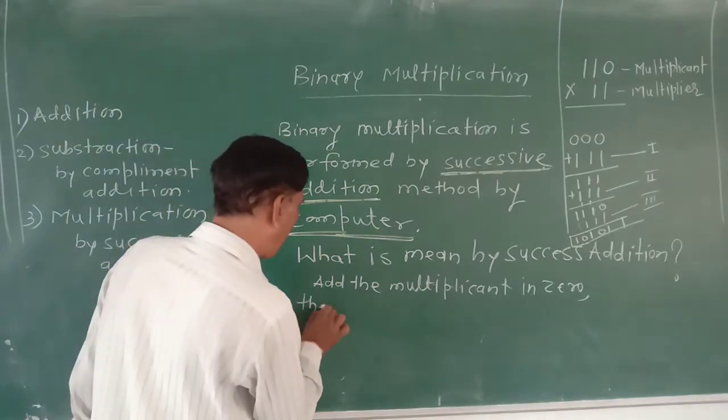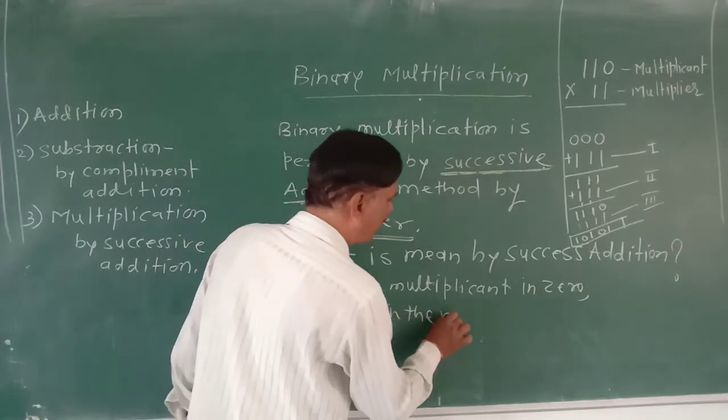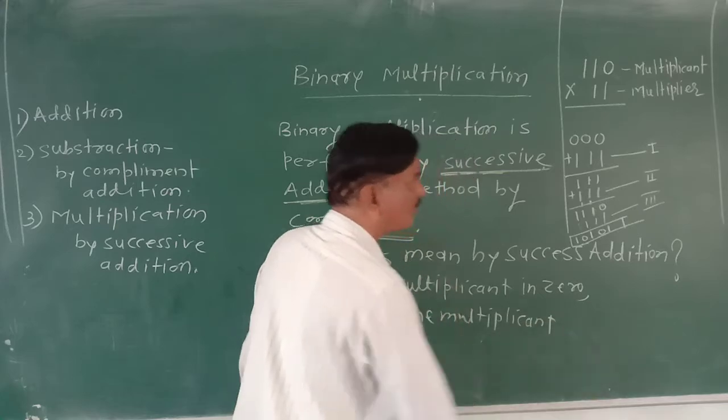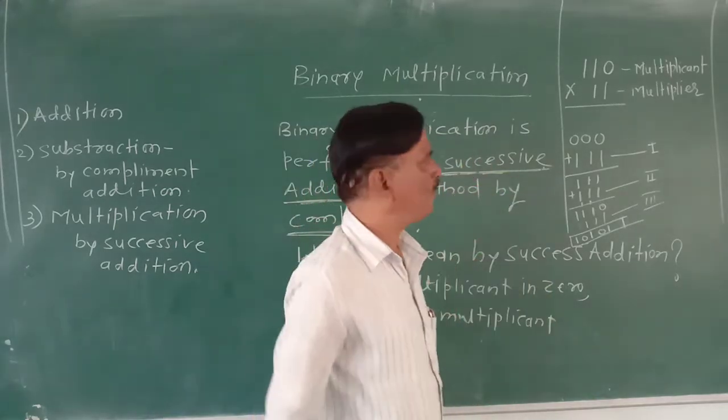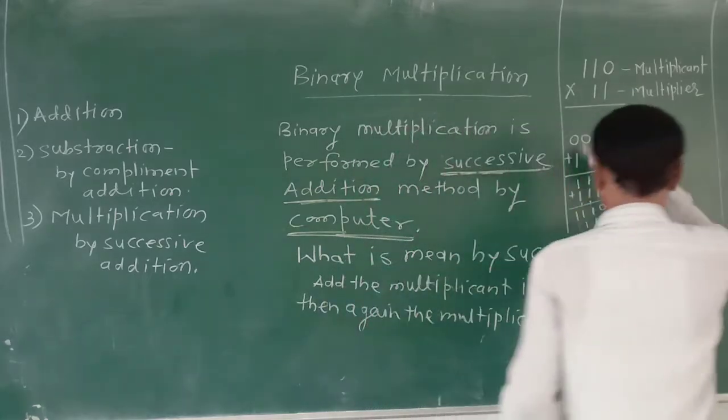Then again add the multiplicand. But how many times do we add the multiplicand? Let us see.